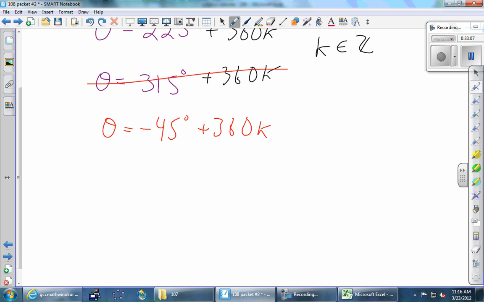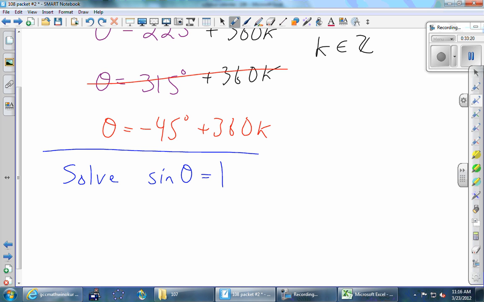Both fine. All right. Let's answer one of these special ones here. Can you guys solve sine of theta equals 1? Theta in radians. Remember, the ones and the negative ones are special.